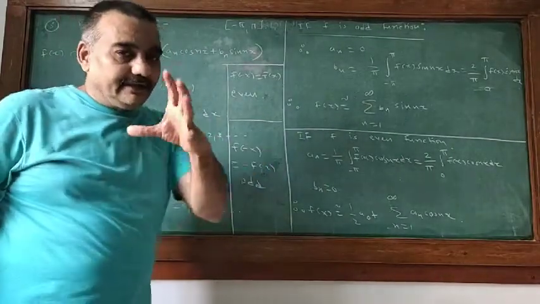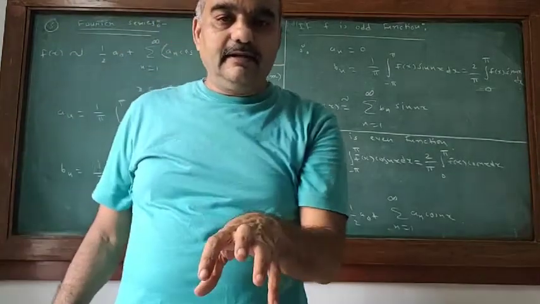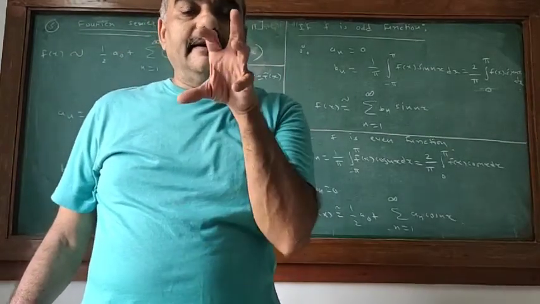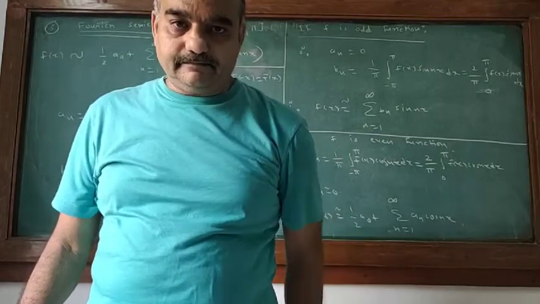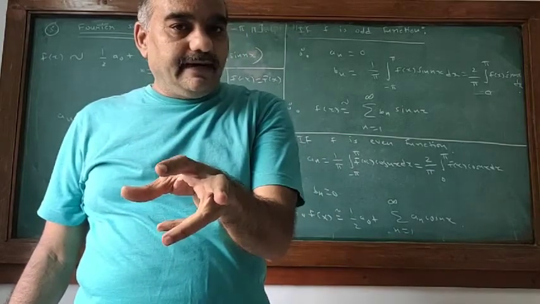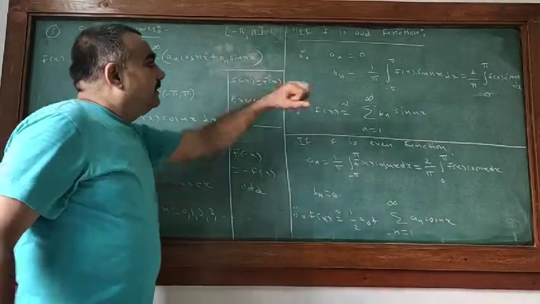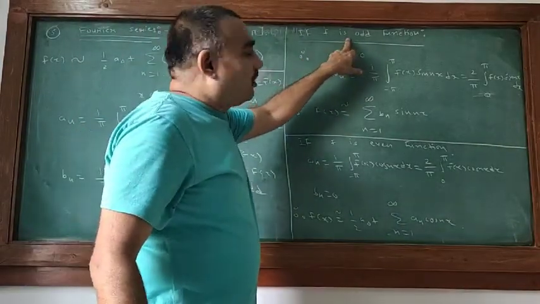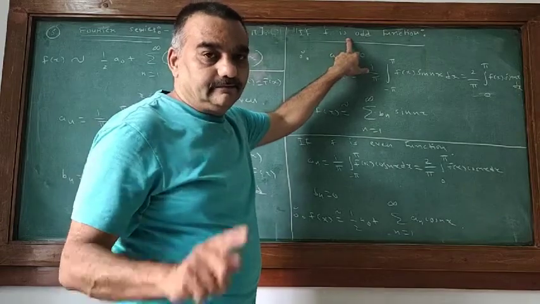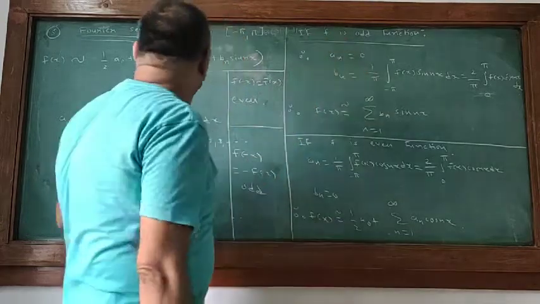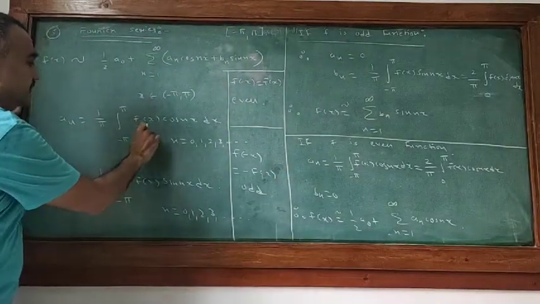Now, as we restrict ourselves to definite integration, the property of definite integration is like this. If f is an odd function and the other is an even function, the multiplication is an odd function.